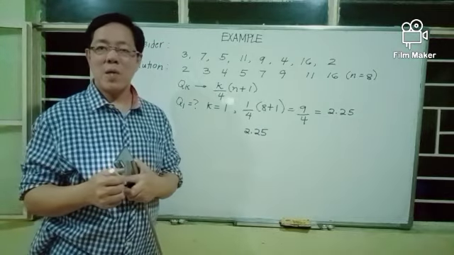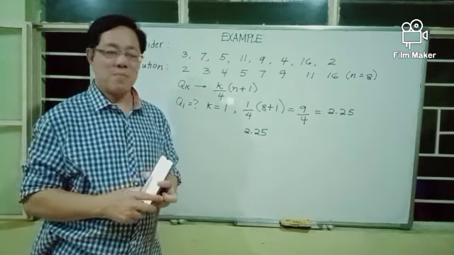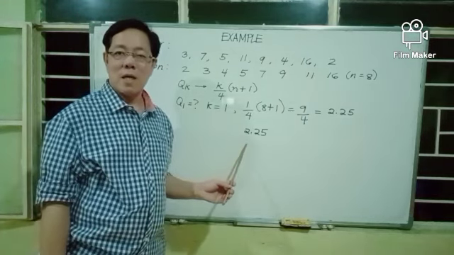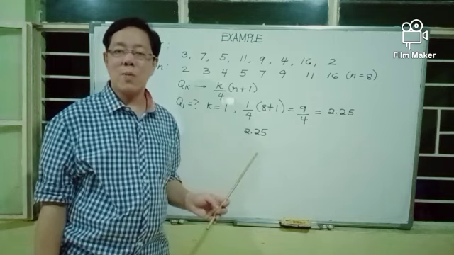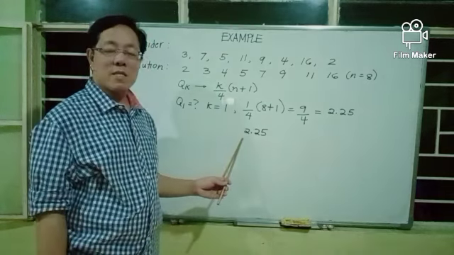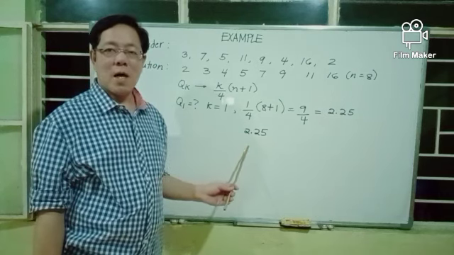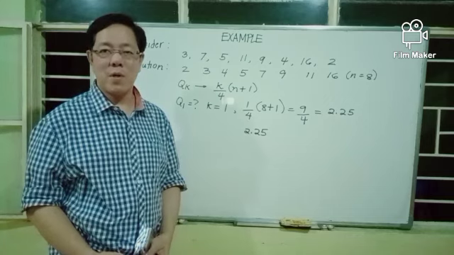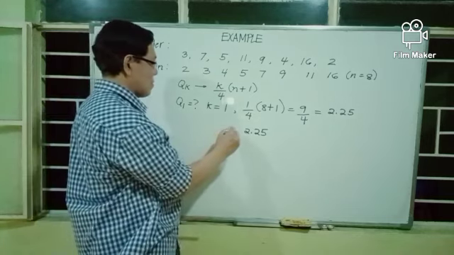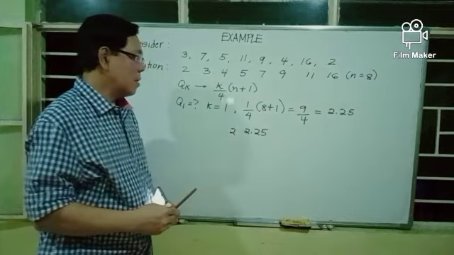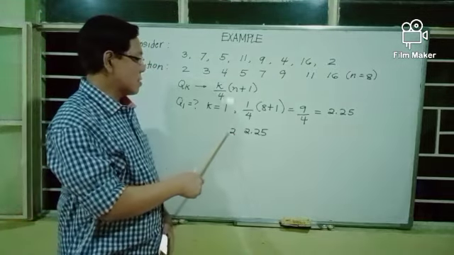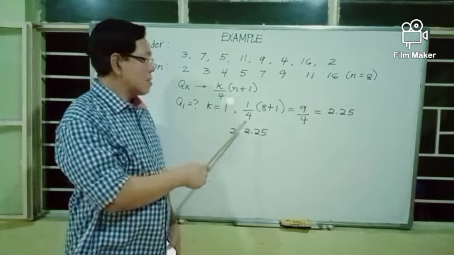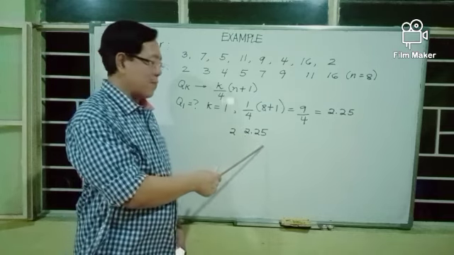Now, how do we interpret this 2.25? You take the largest positive whole number that is less than 2.25, and that whole number is 2. 2 is the largest positive integer that is less than 2.25.